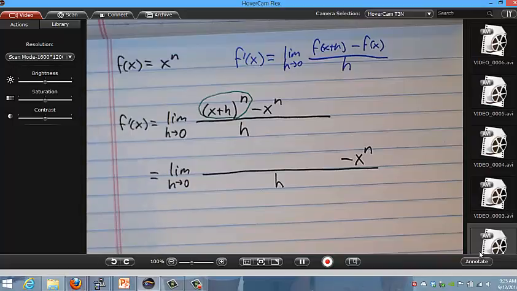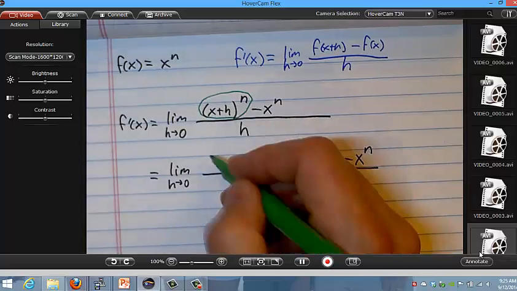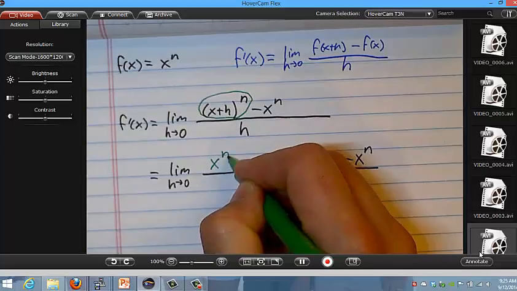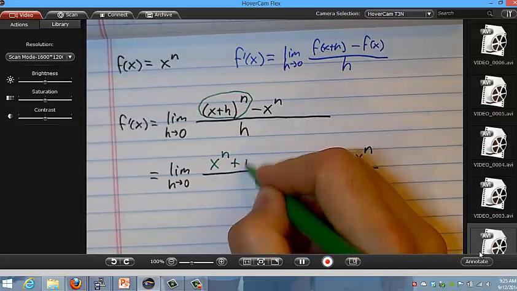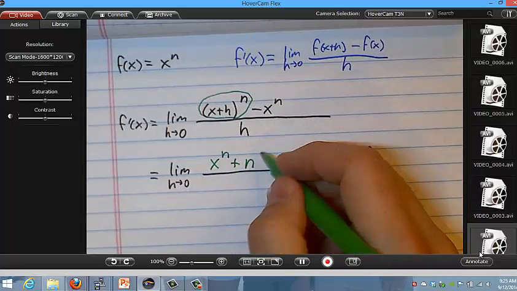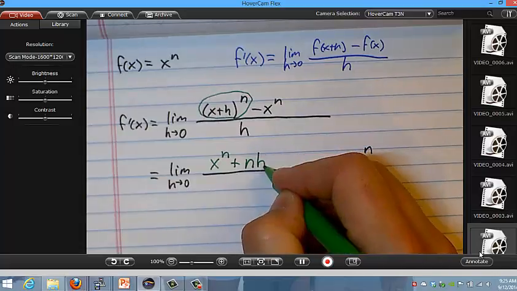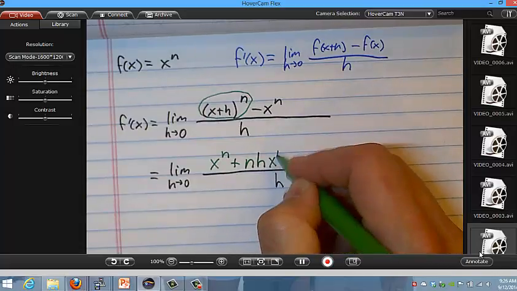But I mentioned to you guys Pascal's triangle, right? That can be helpful. The first term is going to be x to the n. Would you guys agree with that? Because it's a 1 in front. The next term is going to be n times h times x to the n minus 1.